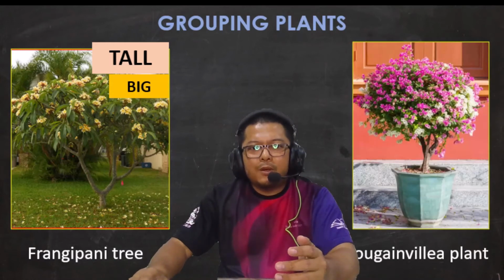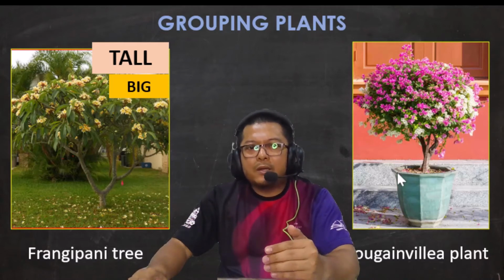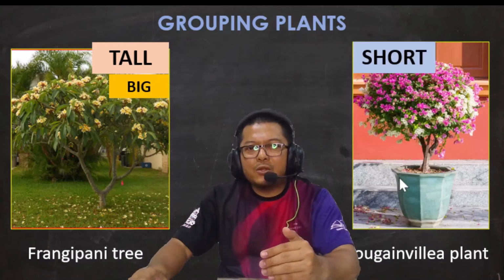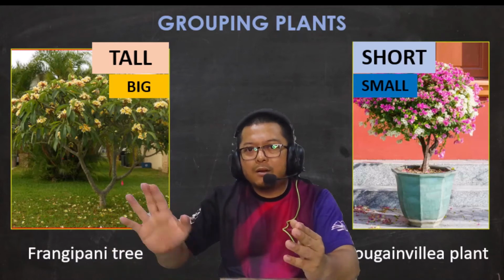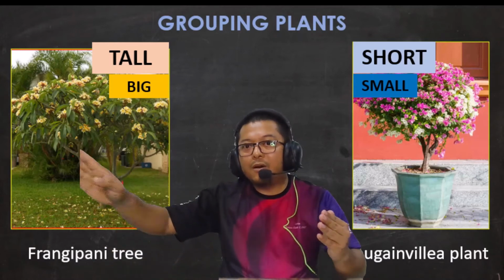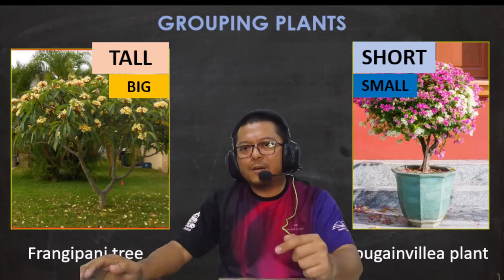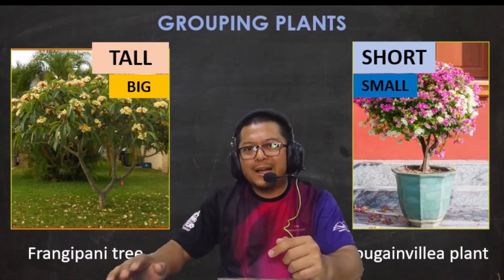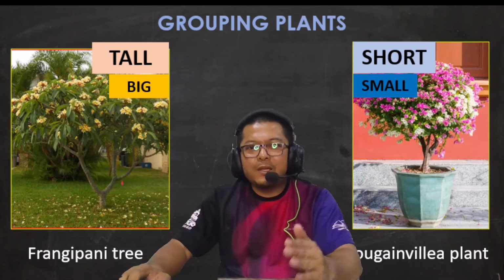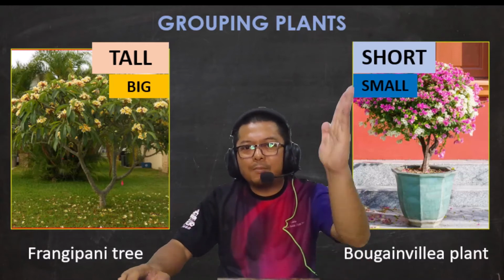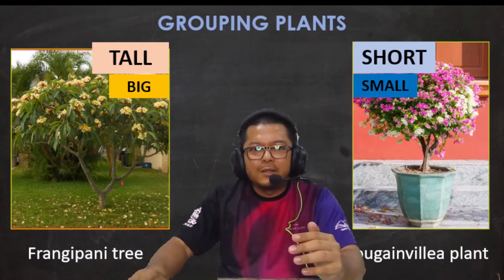But to compare with bougainvillea plant, you can plant it in a vase, so it is short and it is small. But some bougainvillea can grow long. Long is different. It can grow long, and can grow on a house. But then it is considered short. It only grows long, not up. It cannot grow tall. Okay.